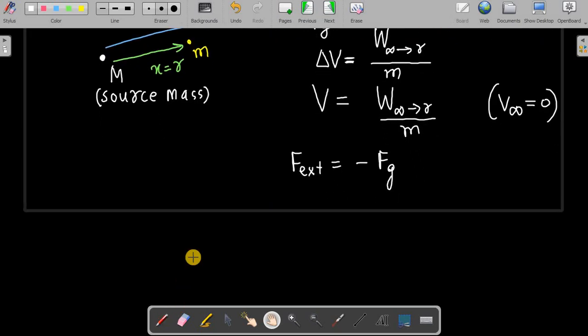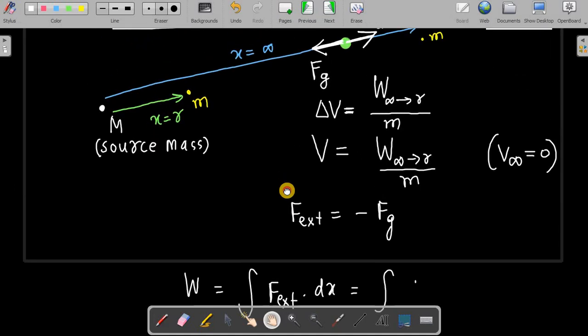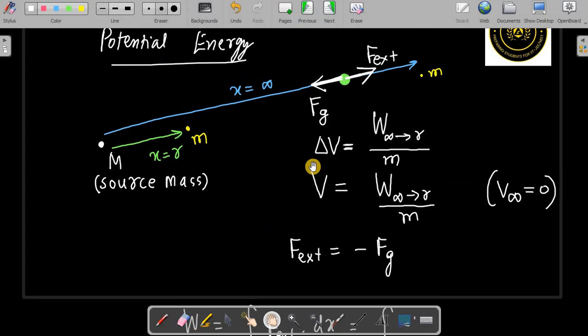The work done will be the integration of external force dot displacement. Here the gravitational force and external force are equal in magnitude, but you should give some direction to the force also, because force is a vector.